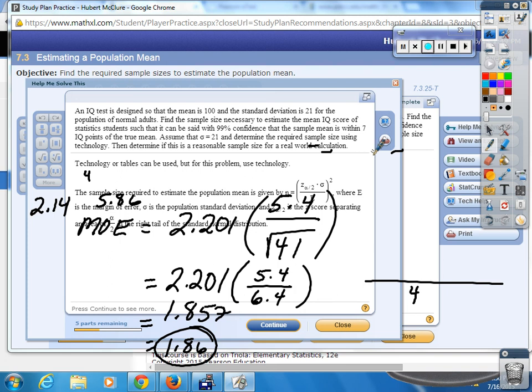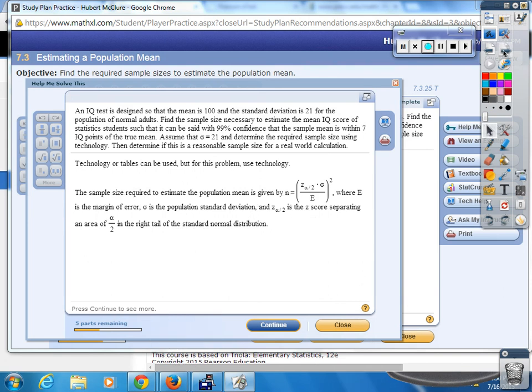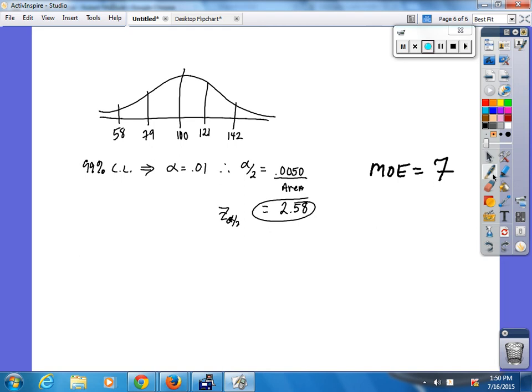Okay, so here's our handy dandy formula right there. Z sigma over E squared. Z sigma over E squared. Z sigma over, what's on the bottom? E squared.